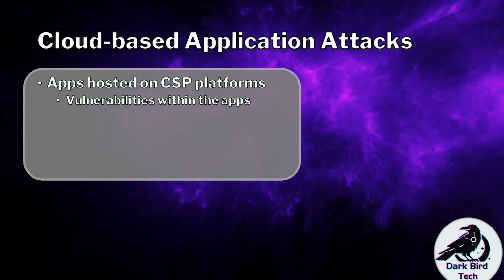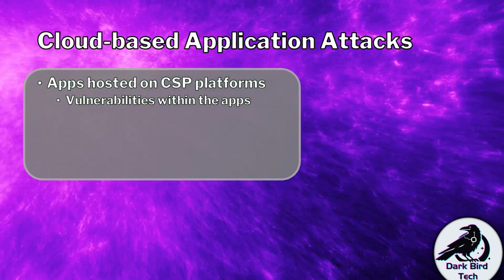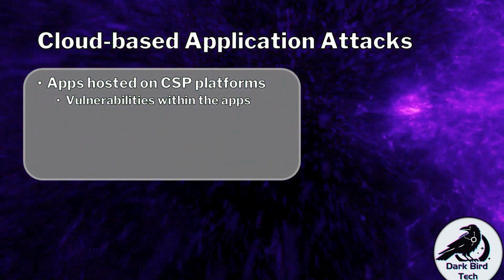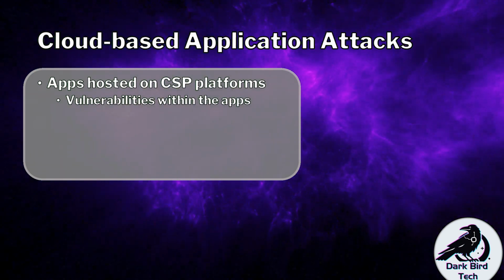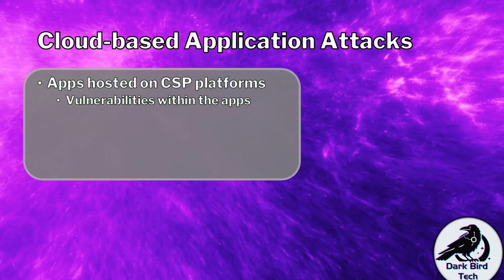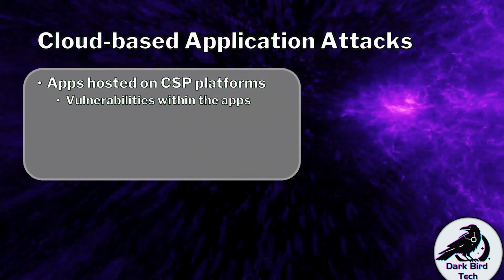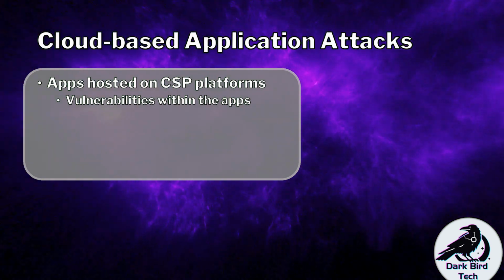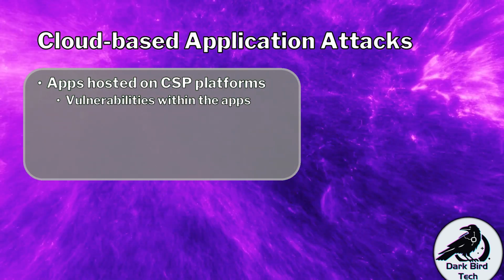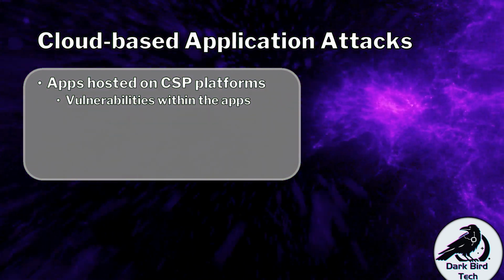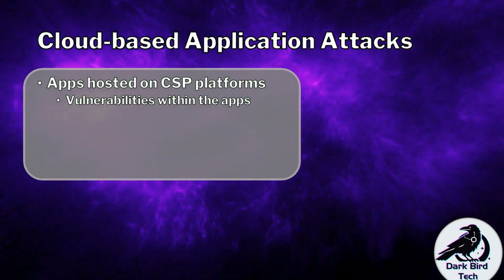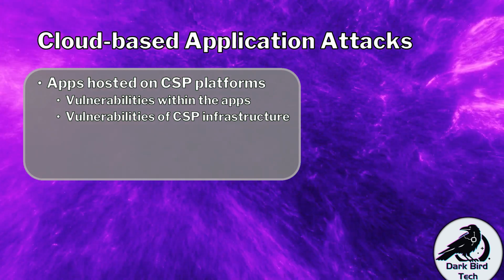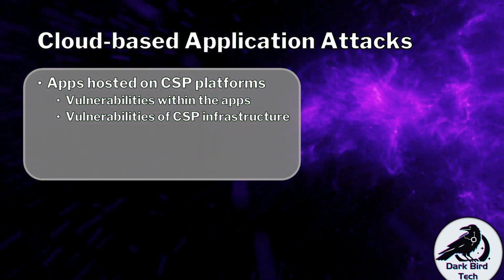And that is, first and foremost, any vulnerabilities that might be present within the applications themselves. And obviously you can refer back to normal application vulnerabilities and then just look at the extra layer of, but it's running virtual in somebody else's environment. What I always want to get into and what I would always like to know the most about would be the vulnerabilities of the cloud service provider's infrastructure.